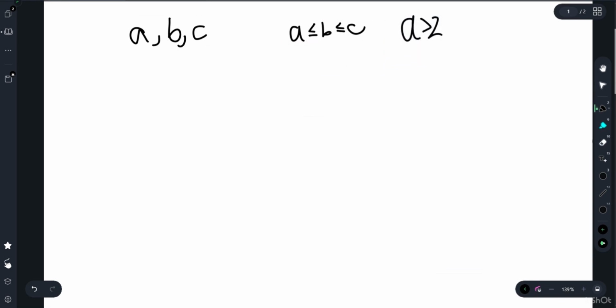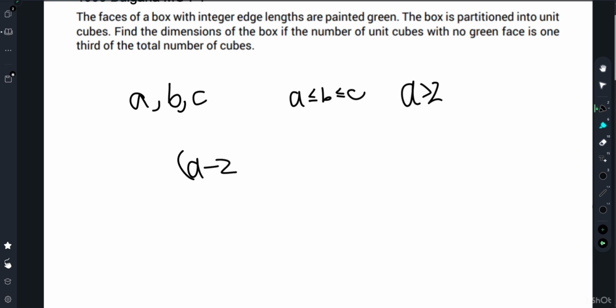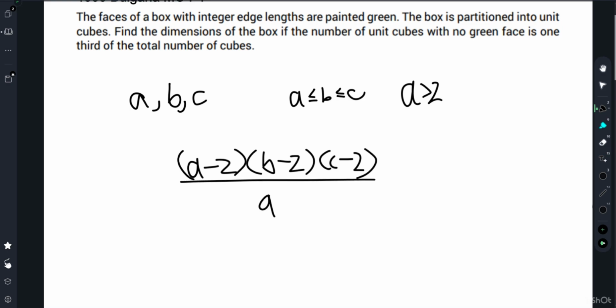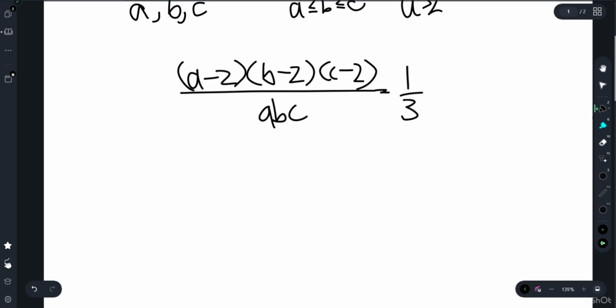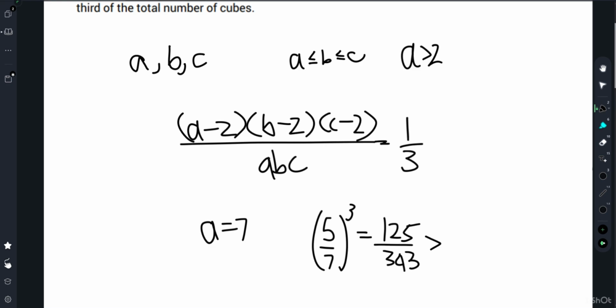Now let's begin. The condition in the problem states that there are (A minus 2) times (B minus 2) times (C minus 2) uncolored cubes, and all over ABC is equal to 1/3. Right off the bat, we notice that if A is equal to 7, the minimum possible value this can take is 5/7 cubed, which is 125/343, and this is already greater than 1/3.